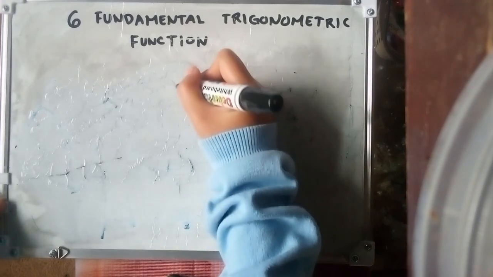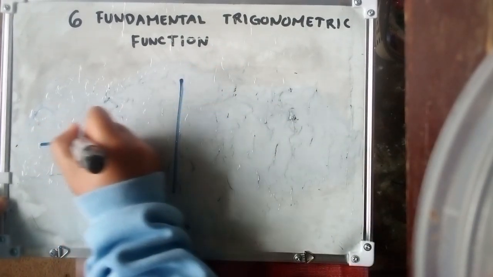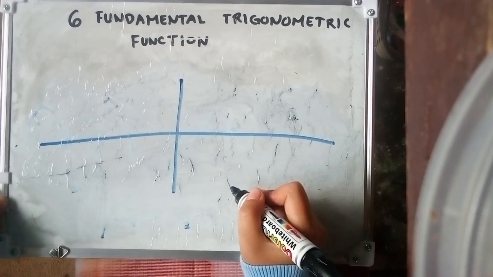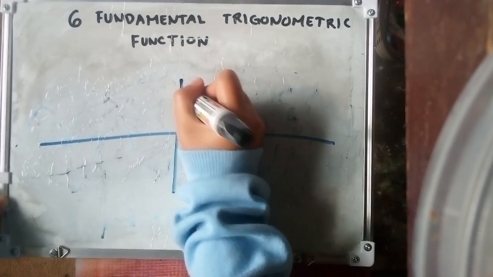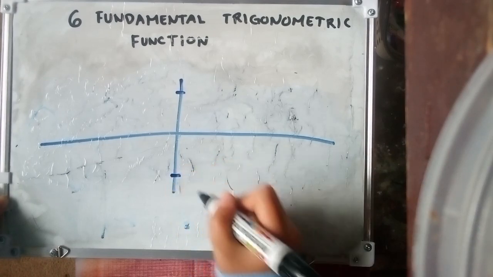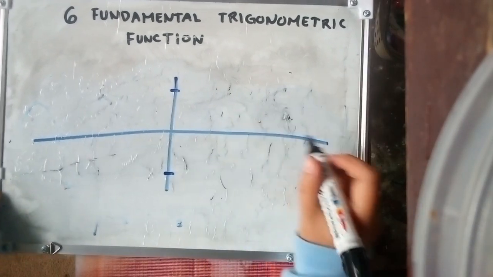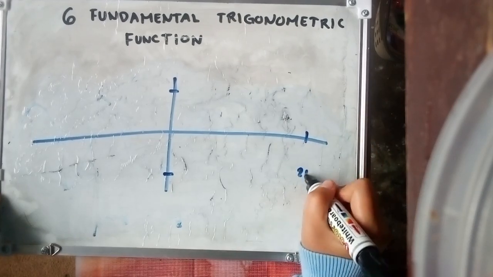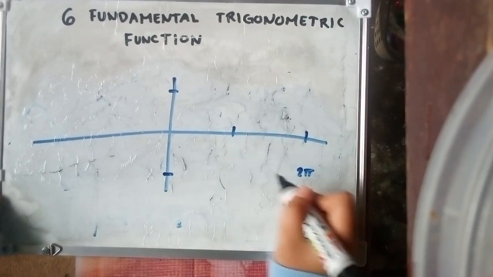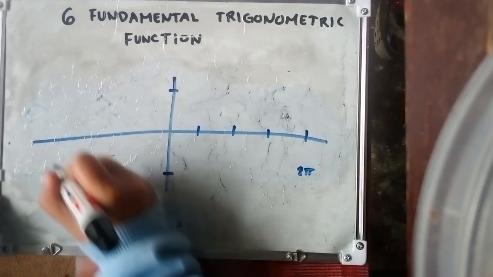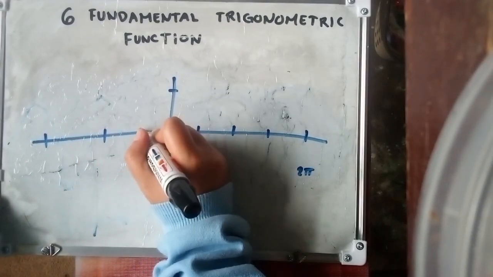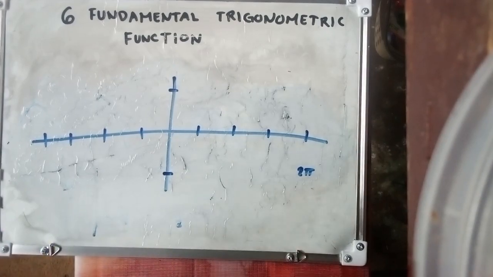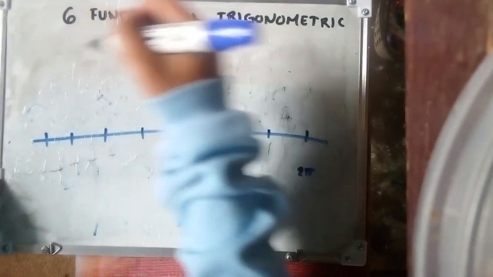So for example, this is the Cartesian plane, and this is the amplitude, and 2 pi. Plot here.